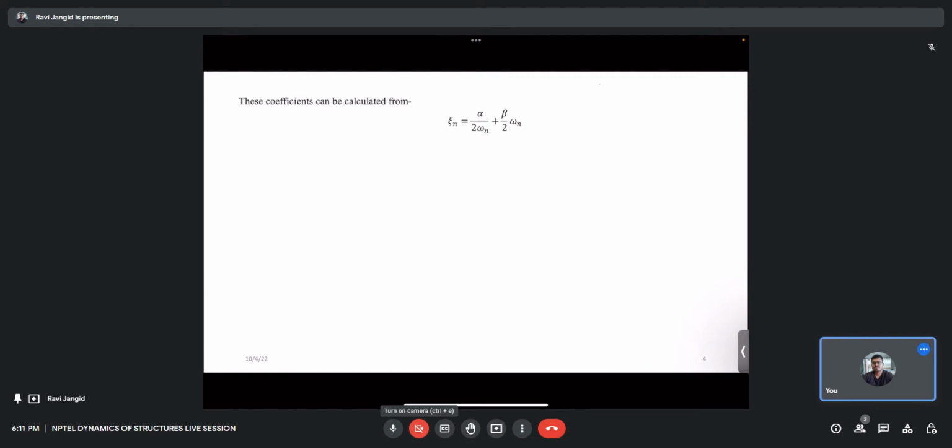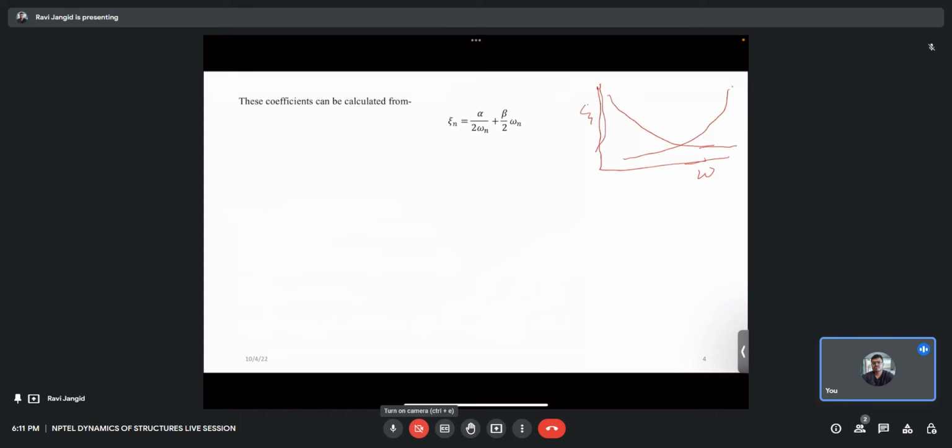If you have read in NPTEL, this is how the damping is given. This is the mass proportional damping and this is the stiffness proportional damping. So this relationship comes from there.